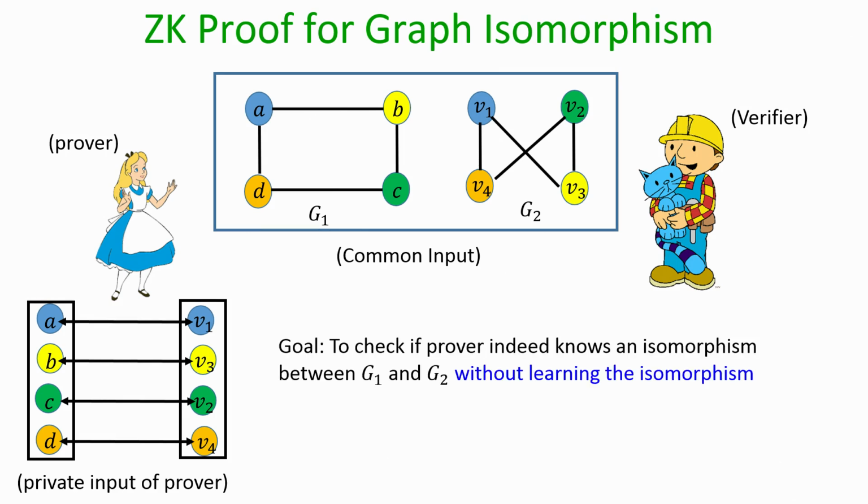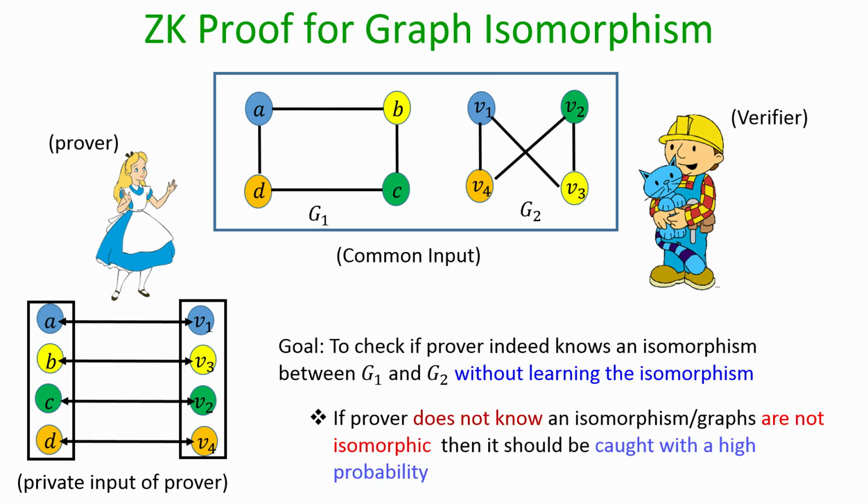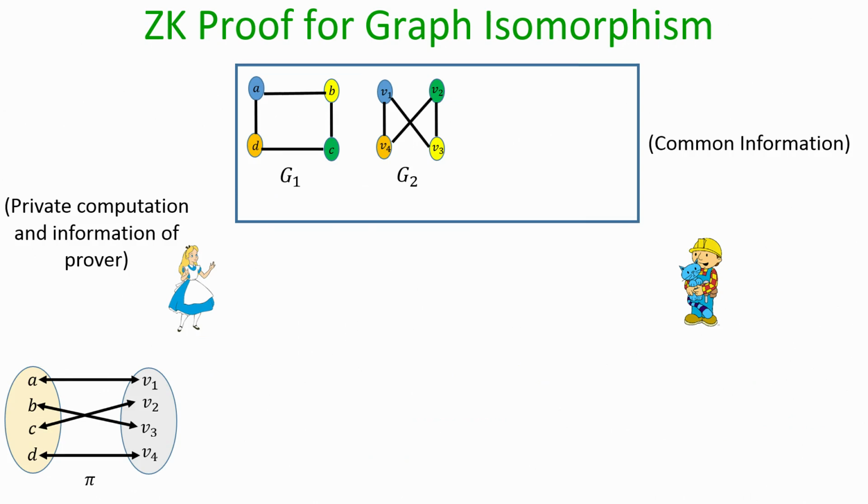The goal here is to design a protocol which allows Bob to learn whether indeed these two graphs are isomorphic or not without actually learning the isomorphism, and it should be sound in the sense that if the prover does not know the isomorphism, or the graphs are not isomorphic in the first place, then she should be caught while giving the proof with very high probability.